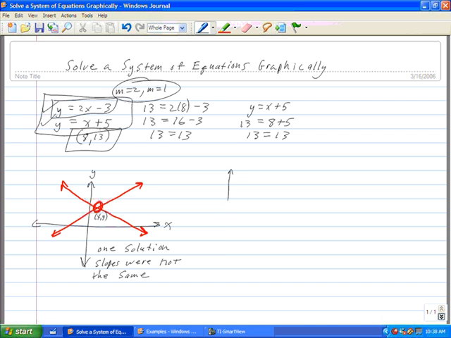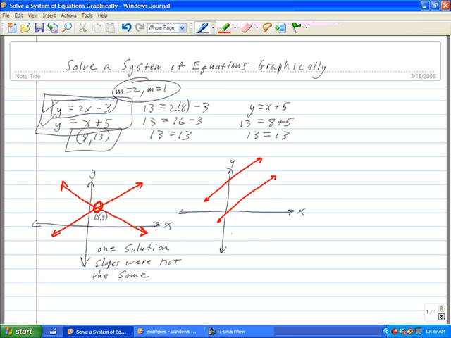Now, the next possibility. One thing that lines can do is intersect. The other thing that two lines can do is simply be parallel. If you end up with two parallel lines, by definition, parallel means they're never going to intersect.